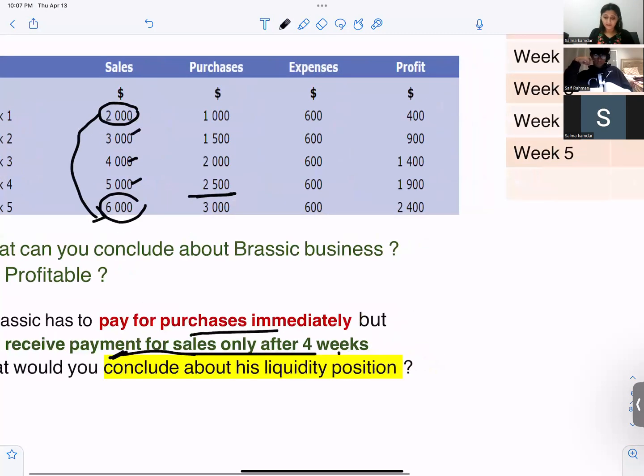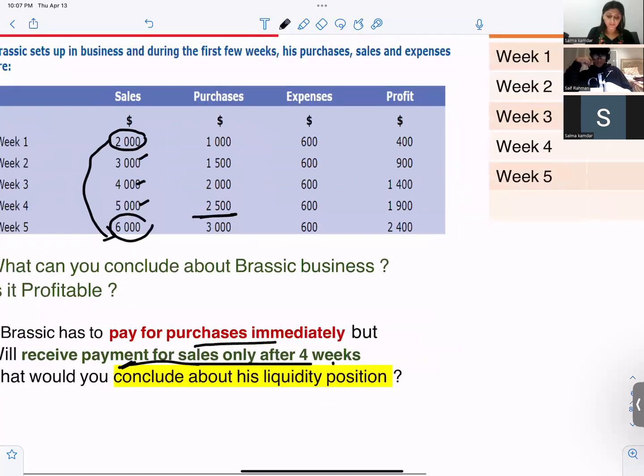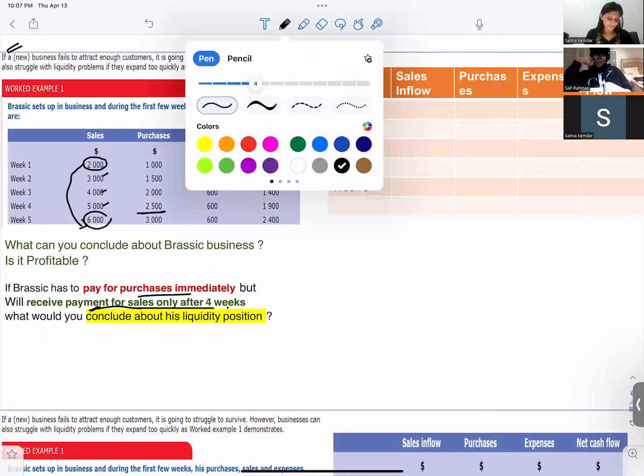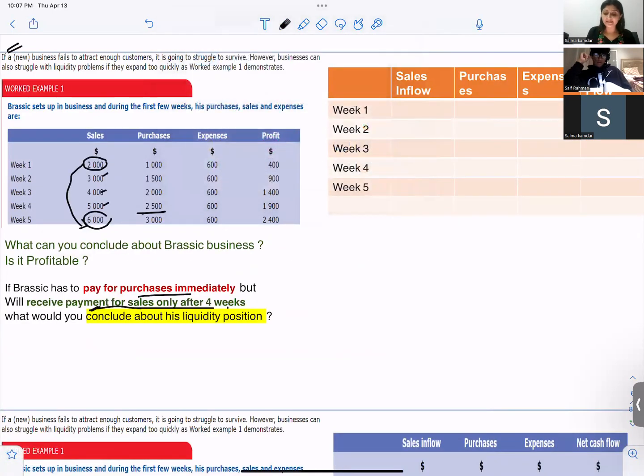Let's comment on the liquidity position. How will you get your net cash flow? Sales minus purchases minus expenses. You get your net cash flow as inflow minus outflow. So what is your inflow? Inflow in week 1 is sales 2000.